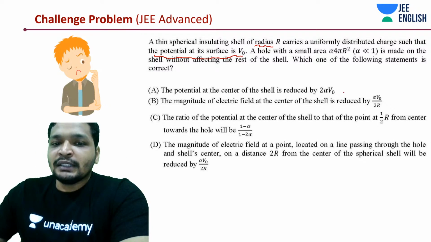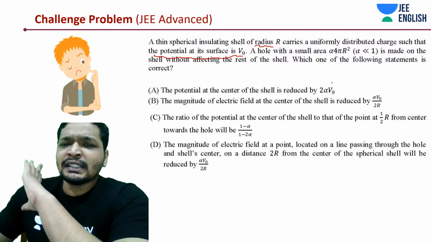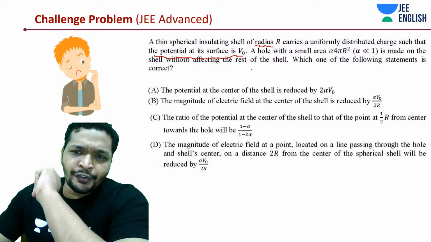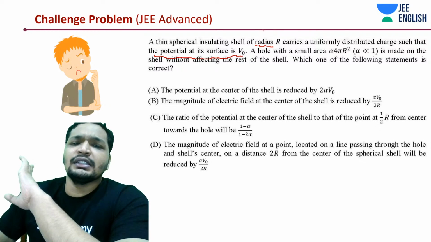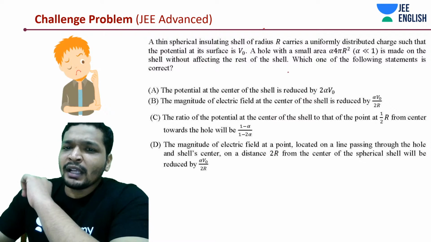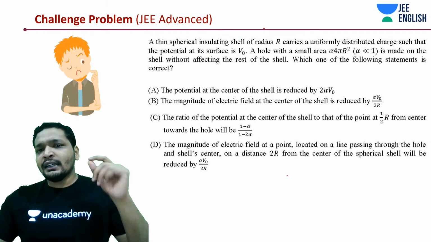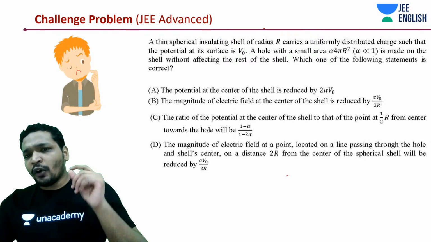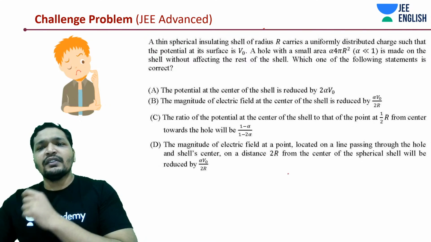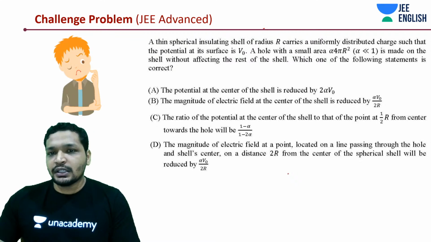The options ask whether the potential at the center of the shell is reduced. With JEE Mains or JEE Advanced, you have to read the options as well. So what has happened? There was a spherical shell, and you dented it. You made a small hole, and that hole's radius is very small, so you could just think of it as a point charge.